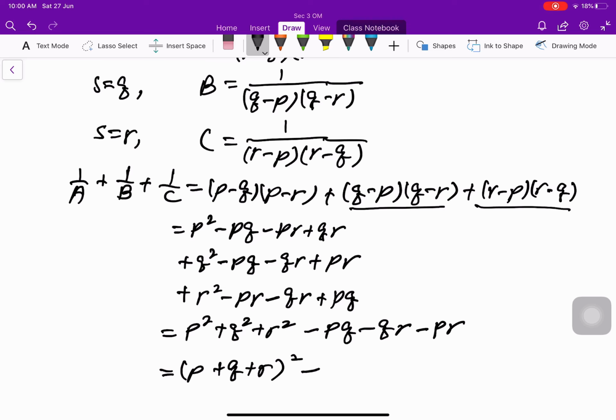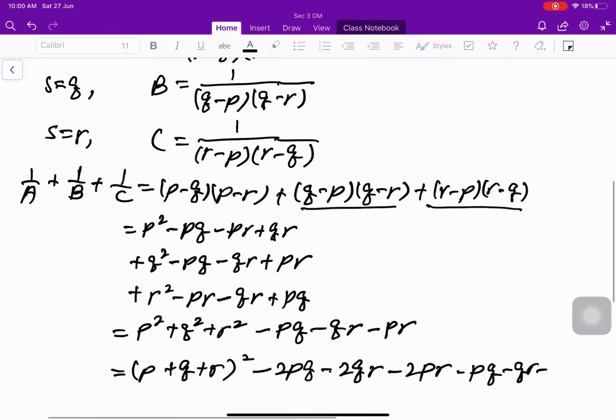Therefore, I should take away the middle term, which is 2PQ, 2QR and 2PR. But originally you also have minus PQ, minus QR and minus RP.